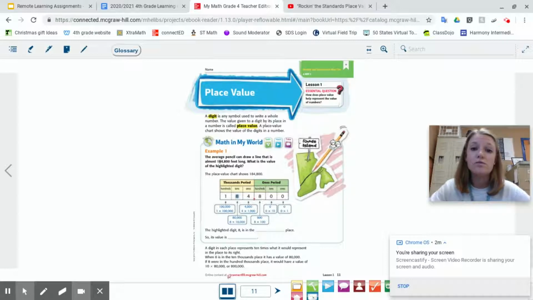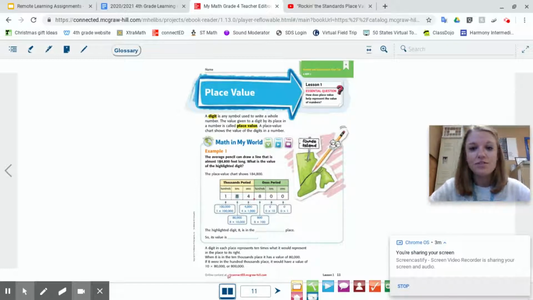If I'm going too fast, feel free to pause it at any time so that you can write something down. And I hope that you will become an organized math student through this process and have fun learning about the new fourth grade concepts that we have here at school.